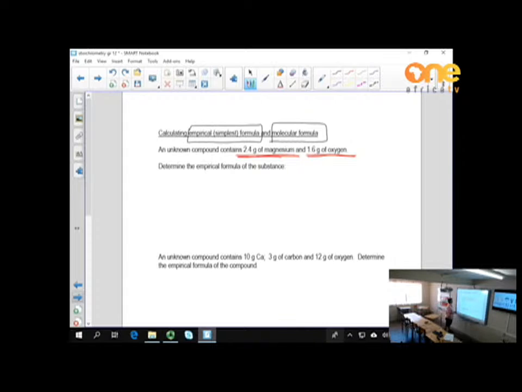When we need to calculate the empirical or simplest formula, we take the mass that they gave us and we divide it by the relative atomic mass. So for magnesium, we have 2.4 divided by 24. And here we have oxygen, 1.6 grams, and the relative atomic mass of oxygen is 16.